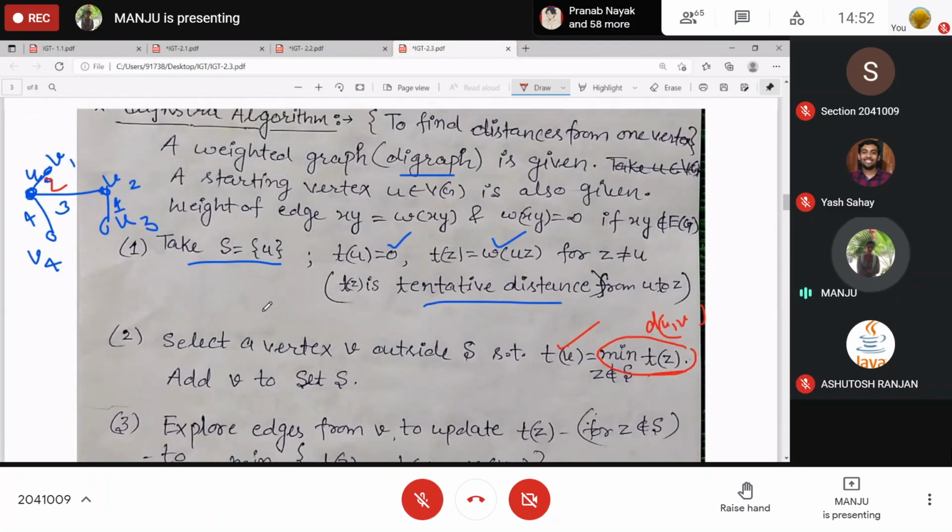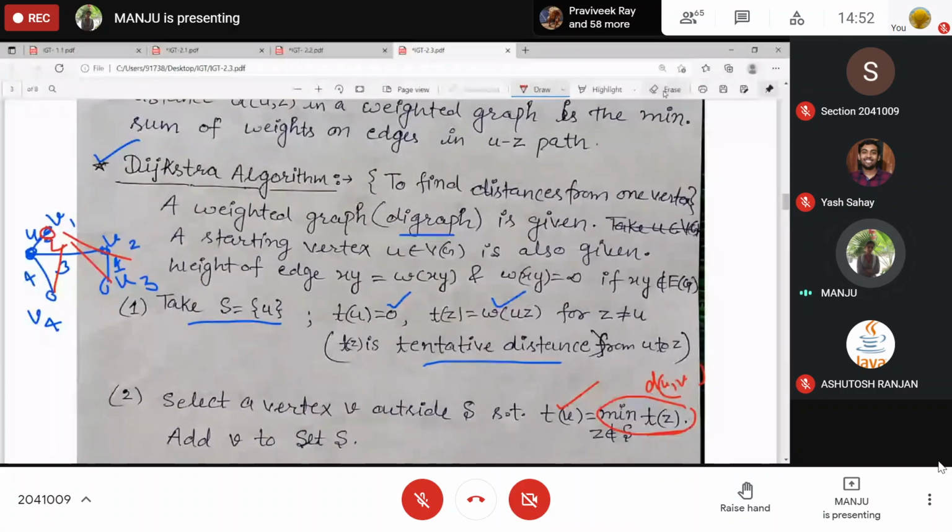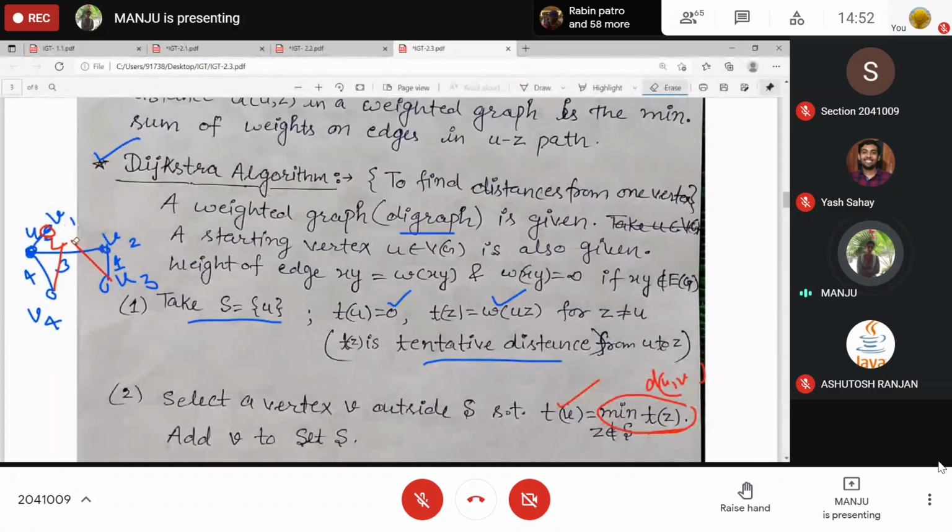Then via v, or in this case via v1, just explore all the vertices, whether they are adjacent to v1 or not. If they are directly adjacent, you can take the minimum of this edge.